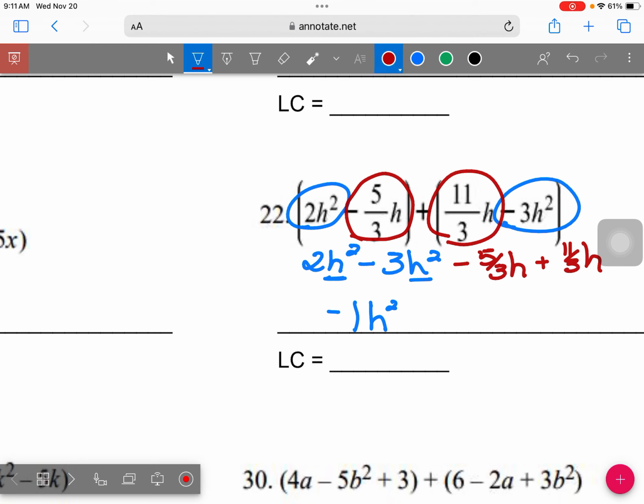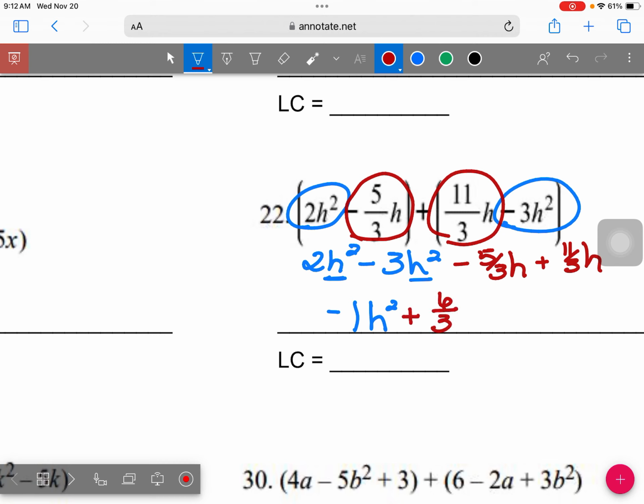And then I have negative 5/3 h plus 11/3 h. When you're adding and subtracting fractions, you need to find and keep the same denominator. These already have the same denominator. Okay? So I need to just add the numerators. Negative 5 plus 11 is how much? 6.